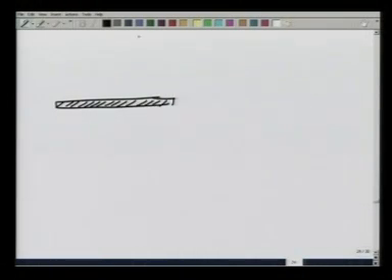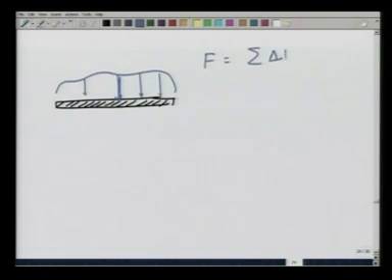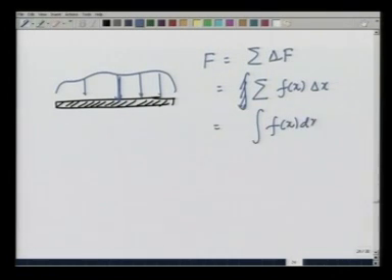If there is this distributed force f x acting on the beam, the net force F is going to be the summation of delta F. Delta F is nothing but f x delta x, and this is nothing but the integration of f x dx, which is the area under this curve. That gives you the total force for a distributed force per unit length.